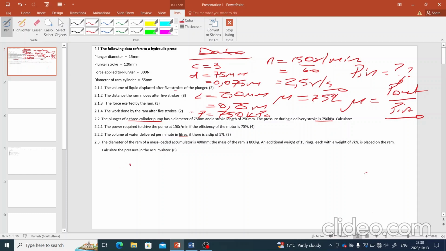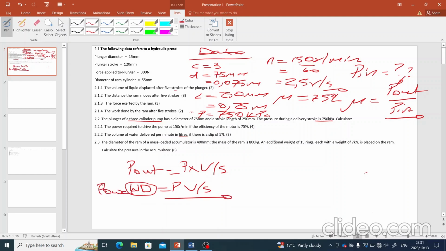Power out equals pressure multiplied by volume per second, or rather volume per time. Remember, how do we calculate work done? Work done is pressure multiplied by volume. As soon as it becomes per time, it is no longer work done, but power. This is the route that we need to take in calculating power there.